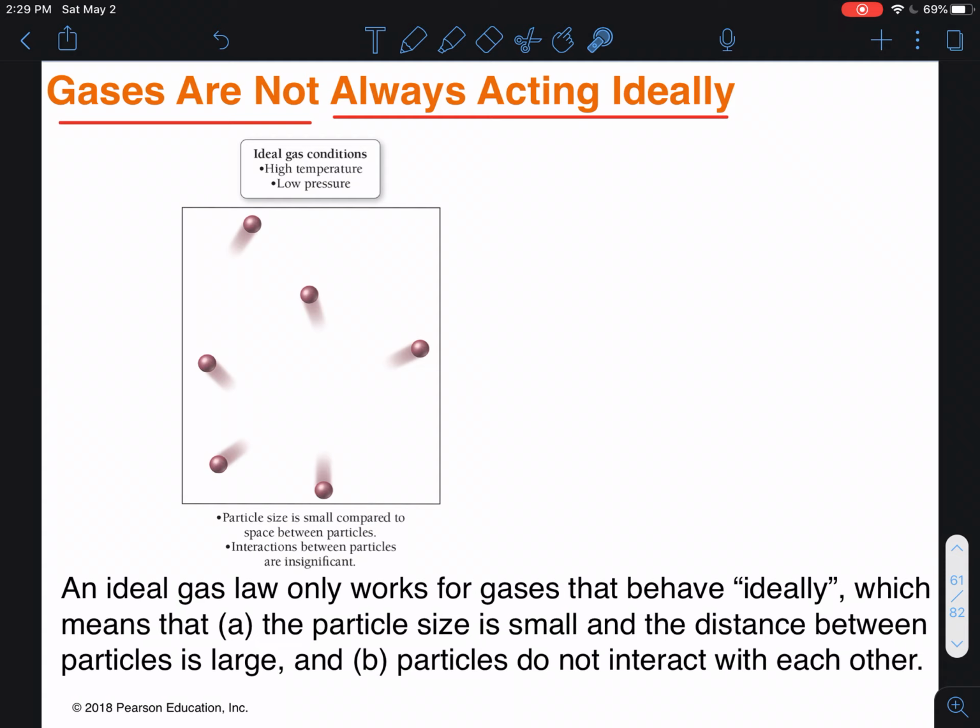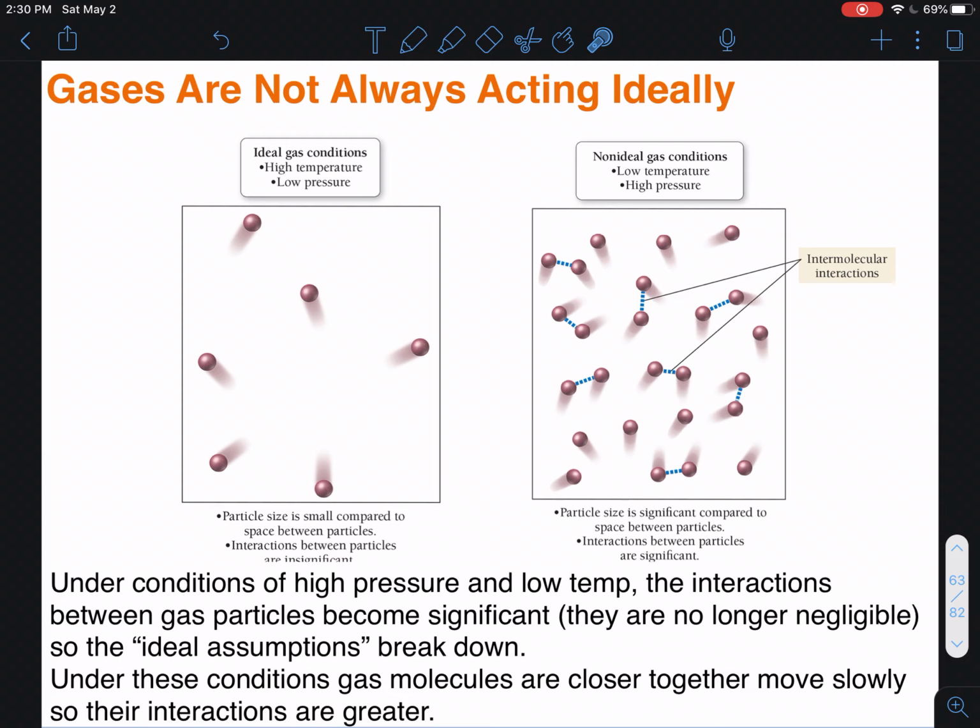But sometimes they do interact. Under conditions of high pressure and low temperature, the interactions between gas particles become significant, right? This is where intermolecular forces, intermolecular interactions come in. If we take a gas and condense it, high pressure forces the gas molecules closer together.